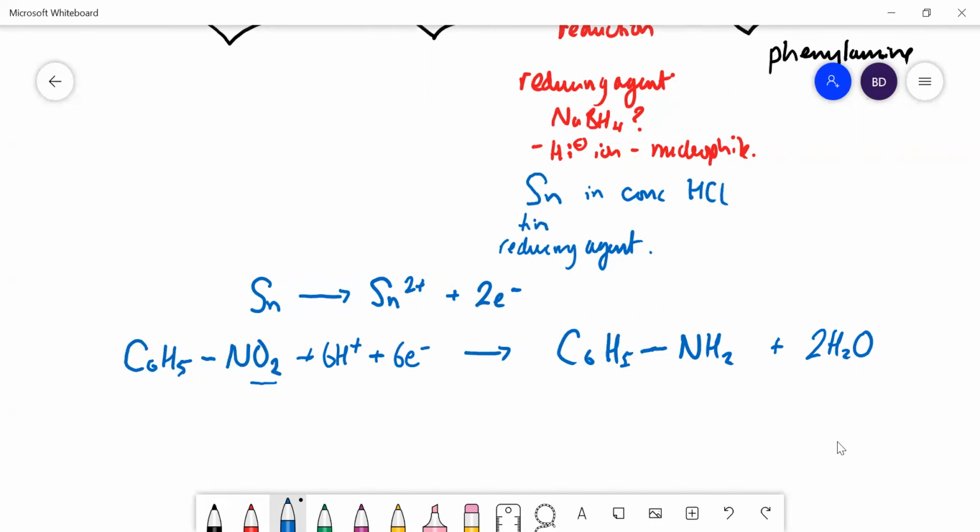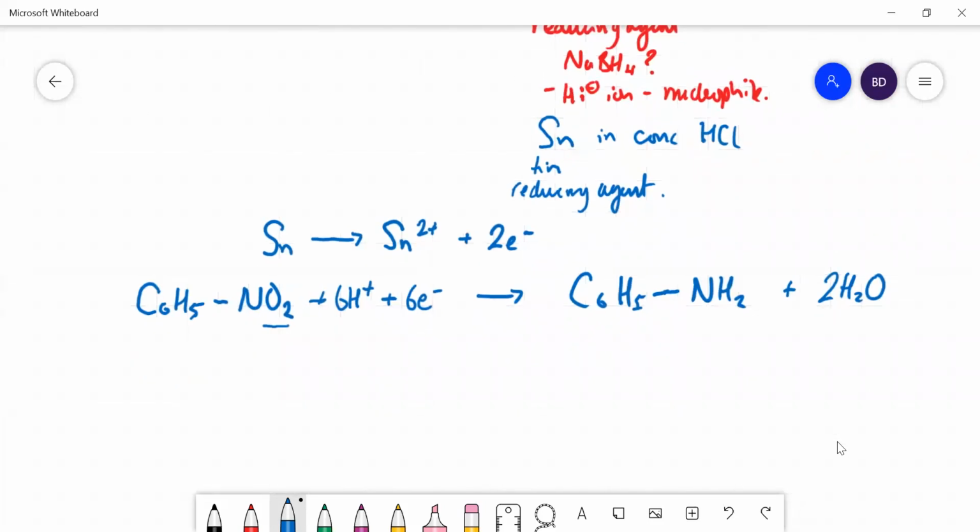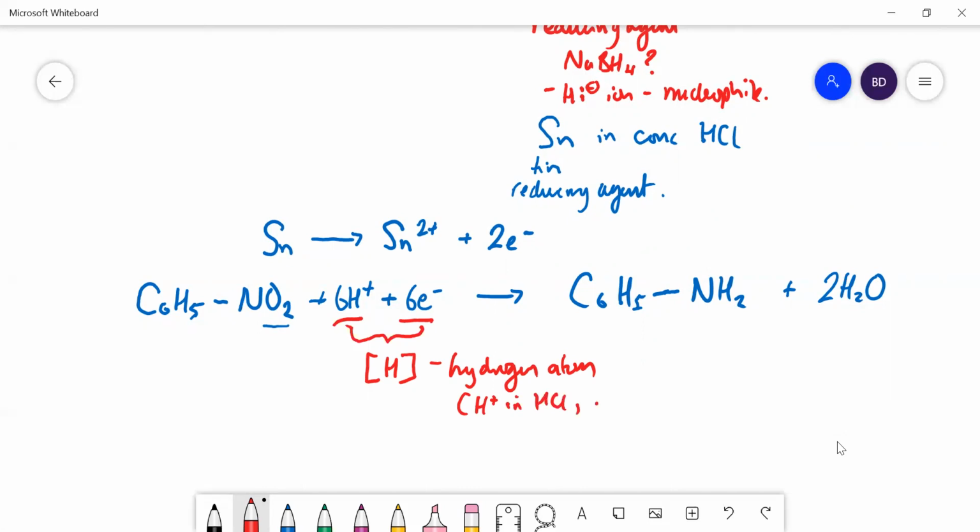They're the 2 half equations, but the way you represent it is, essentially, you're adding H plus and e minus to the nitrobenzene. You represent that as H in a square bracket. That means a hydrogen atom, which is coming from the H plus in the HCl, and the electron is coming from the tin.